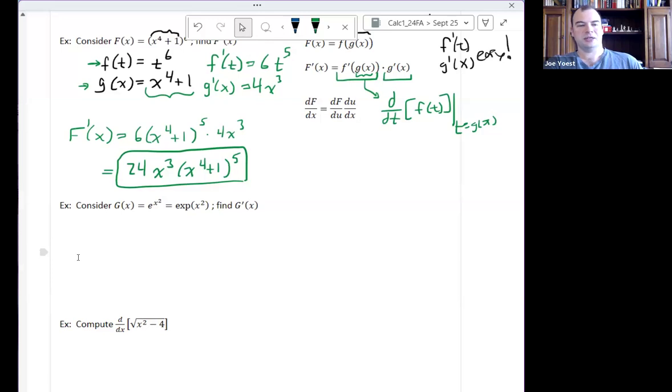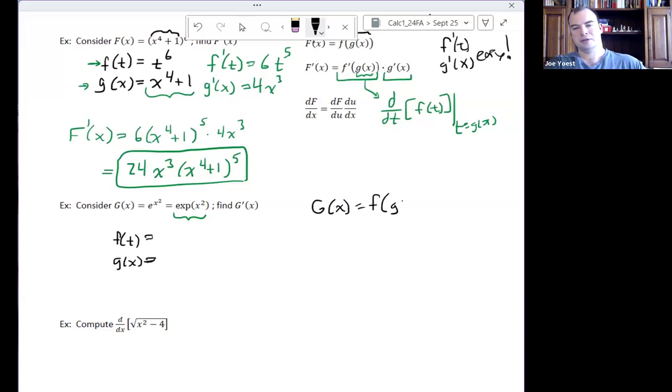Now, there are some problems like this one that are pretty straightforward. We have a function e to the power x squared, which, especially if I write it this way, is the exponential function evaluated at x squared. Well, it's kind of obvious what the functions ought to be. So I want to find little f of t and little g of x, so that big G of x equals little f of little g of x.